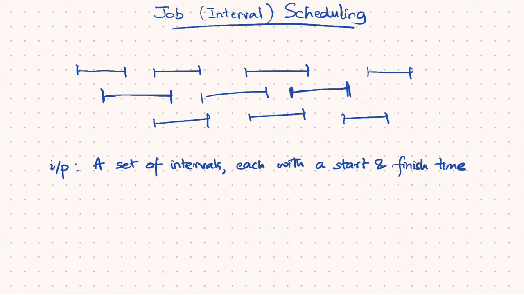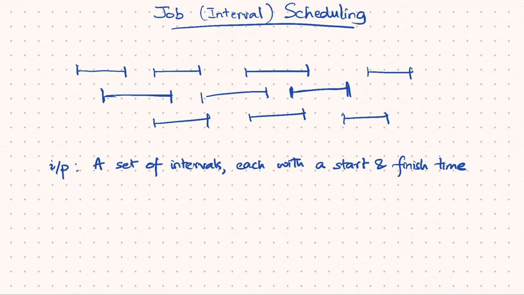And what we'd like to output is a scheduling. What is that? We have to pick jobs, we have to pick intervals, such that they do not conflict.